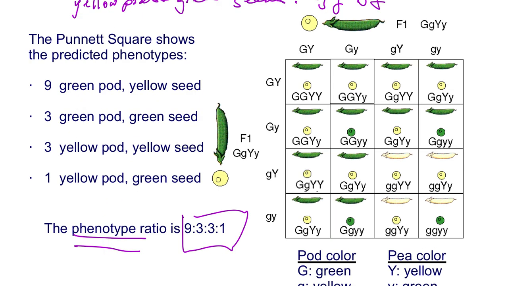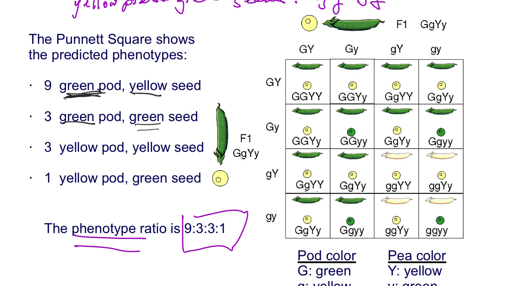So it's really the phenotypic ratio, which is the one I'll ask about on the test. So you get a 9-3-3-1 ratio, with 9 having both dominant traits expressed, 3 having the dominant trait on one expressed and a recessive trait on the other.